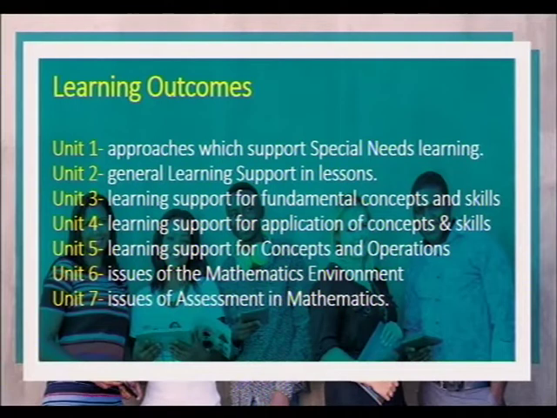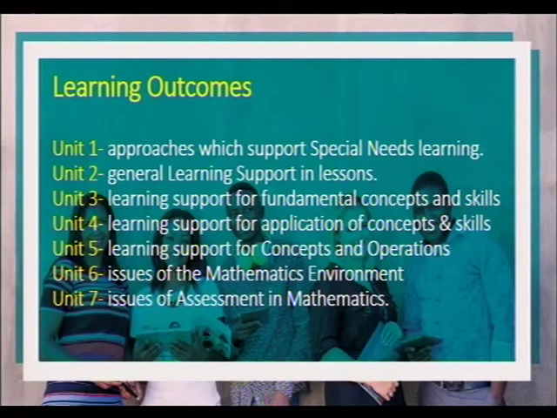Unit 4, learning support for application of concepts and skills. Unit 5, learning support for concepts and operations. Take note. Unit 6, issues of the mathematics environment. And 7, issues of assessment in mathematics.